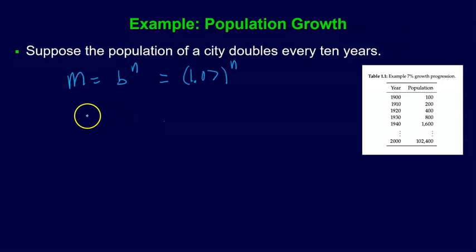And so from our rule of 70, we know that it says 70 divided by the percentage rate equals the doubling time. And so with this city, the doubling time is 10 years. Then if I take this, I can get that the percentage rate will be 70 divided by 10, which is 7.